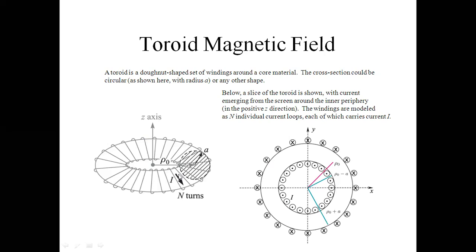In a solenoid there was only one circular nature, but here there are two doughnut shapes, elliptical or circular. As you can see here, the winding goes from inner to outer.